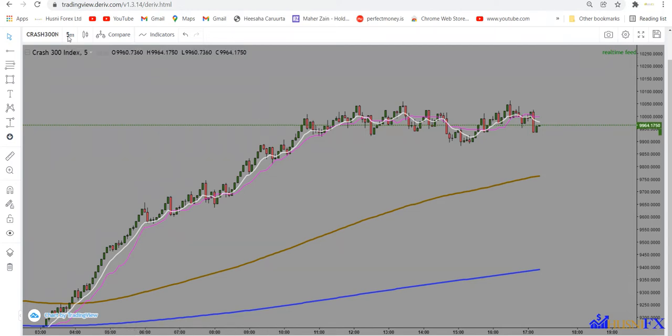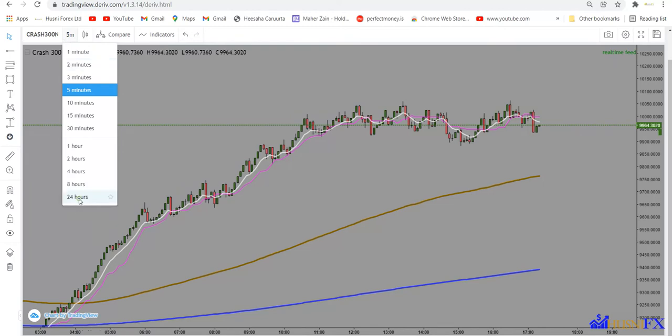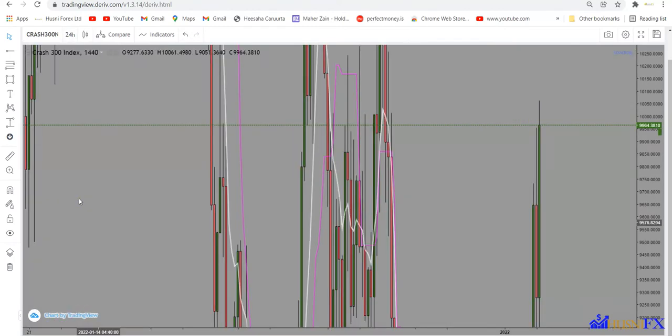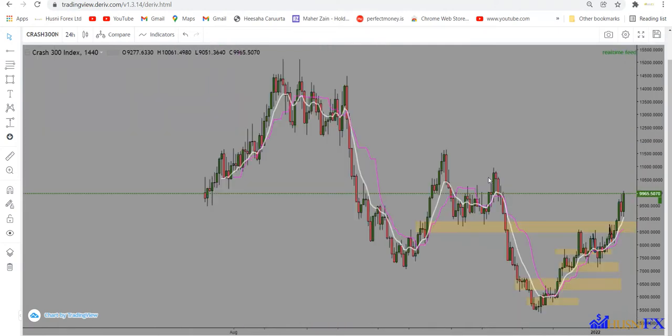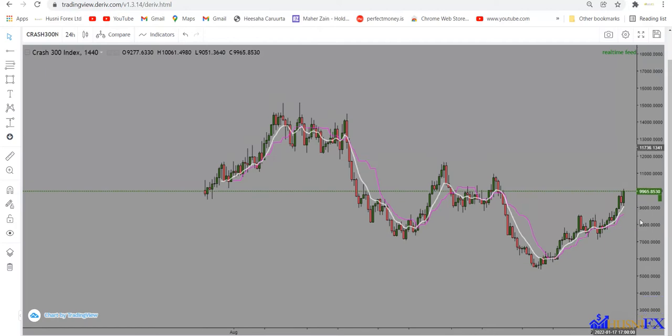So I always go on 24 hours with the daily time frame and check where the market has a nice structure, where it's targeting the key zones. I like to find out where the market wants to go.